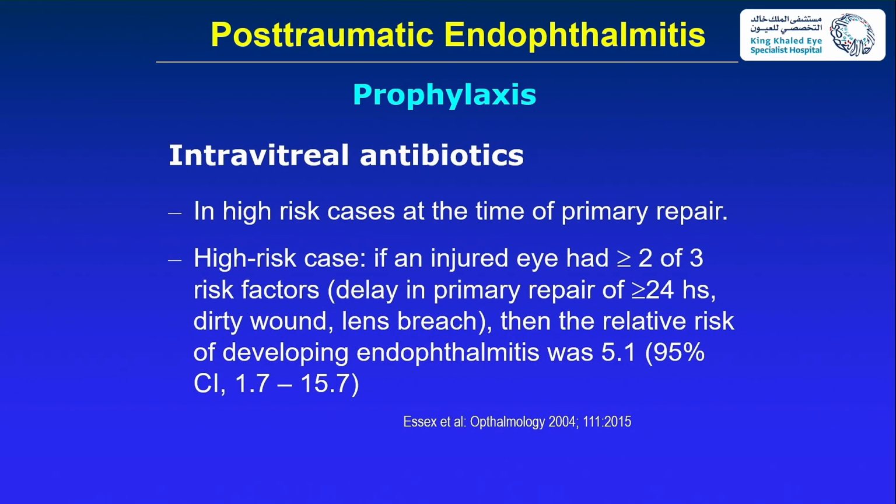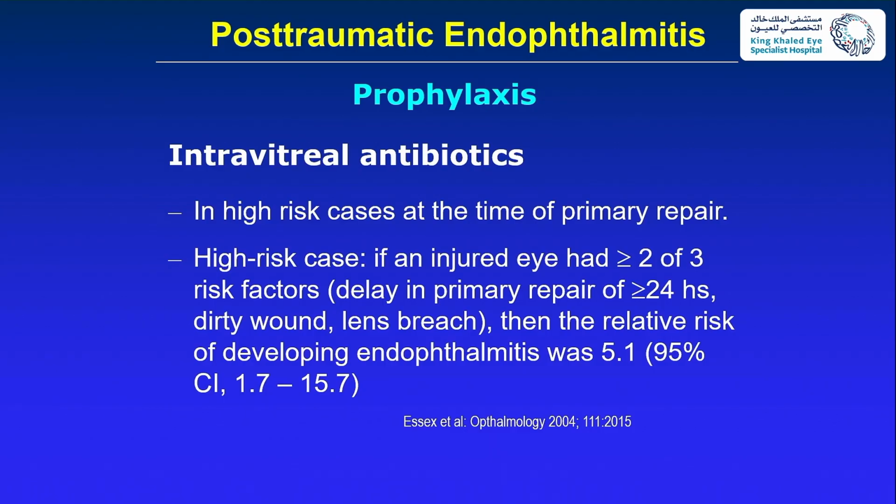Now, the big issue that we really started at King Abdulaziz University Hospital is prophylactic intravitreal antibiotics. We now have a new protocol in the hospital where we identified high-risk cases based on our analysis.